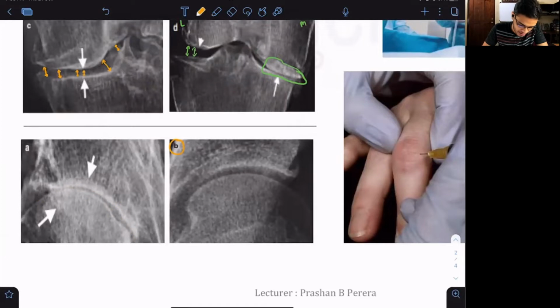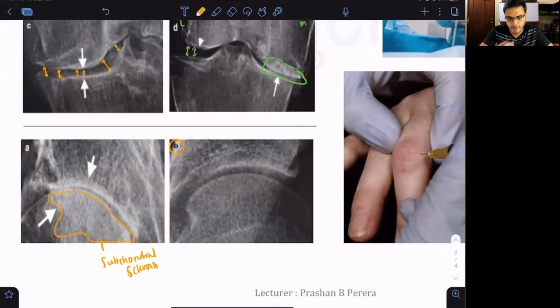And there are irregularities, right? Here it's almost none. It appears like a bone-on-bone appearance. Apart from that, guys, look at this region, right? This is what, guys? This is subchondral sclerosis. Subchondral sclerosis. Okay.